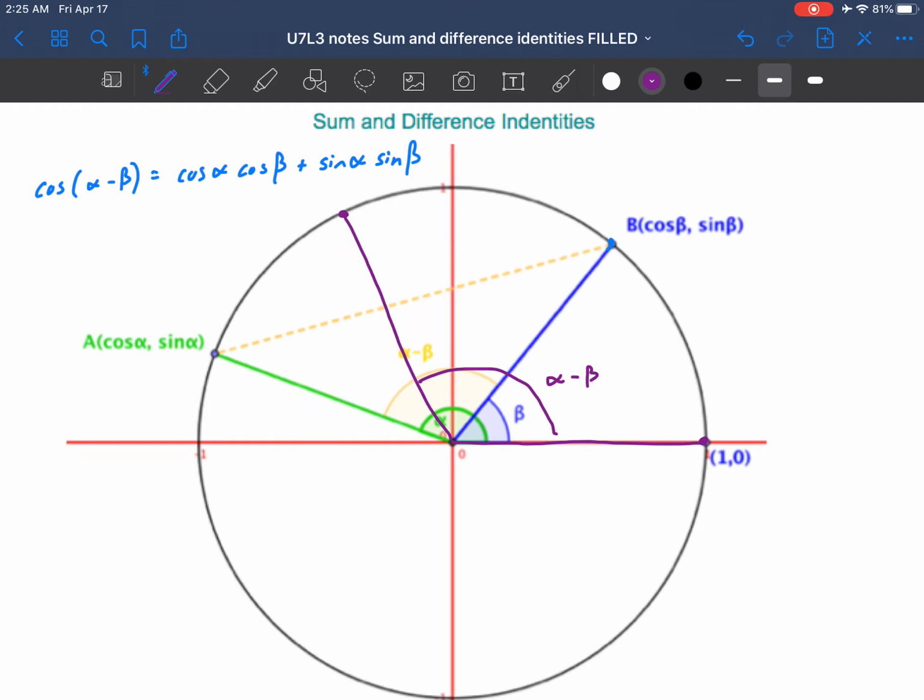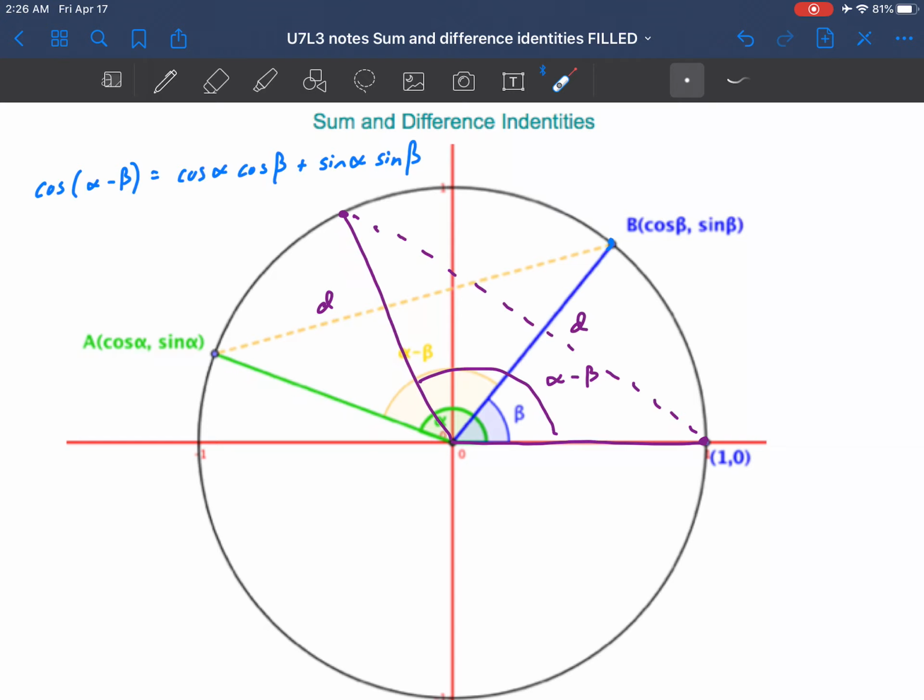So that means that this purple dotted distance, let's call that D, should equal this yellow dotted distance. So this distance here, which is D, should equal this distance here, which is D.